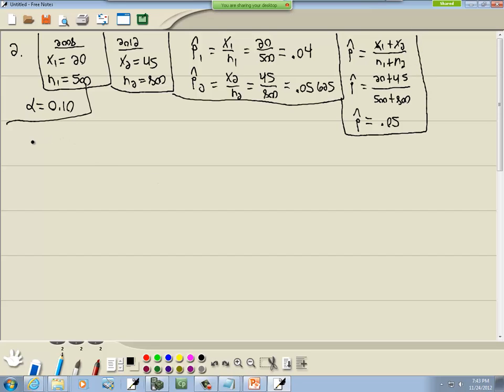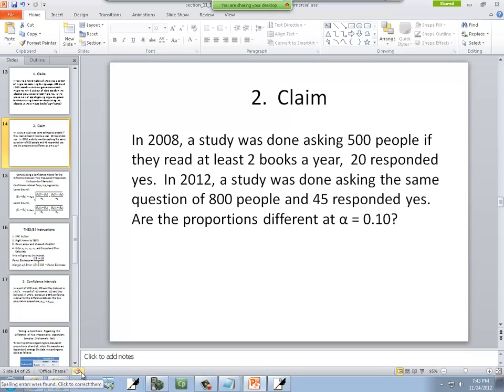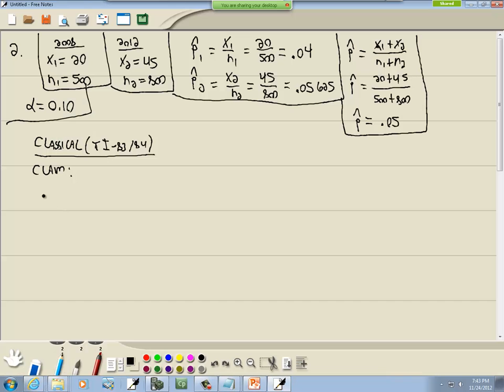Okay, so now let's look at our problems. Our first one is going to be the classical approach using the TI-83/84. Let's see what the problem says. Study design asks the same question: are the proportions different at alpha equal to 10%? So is P1 different than P2?